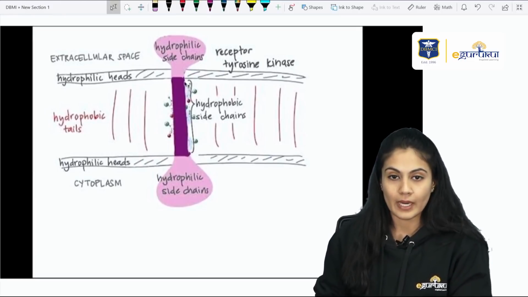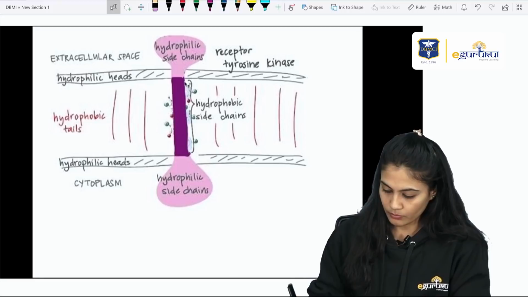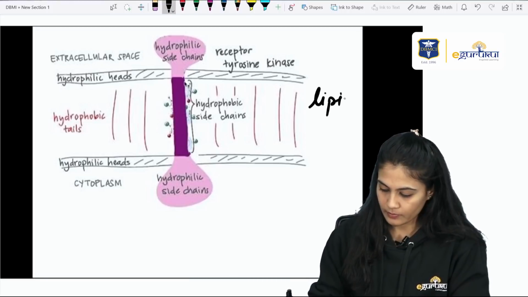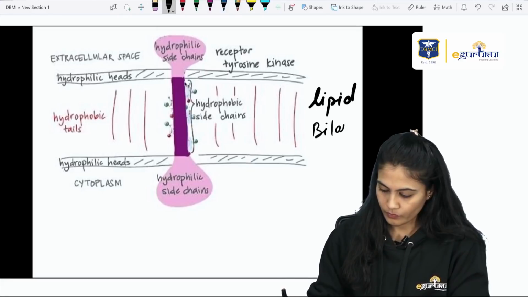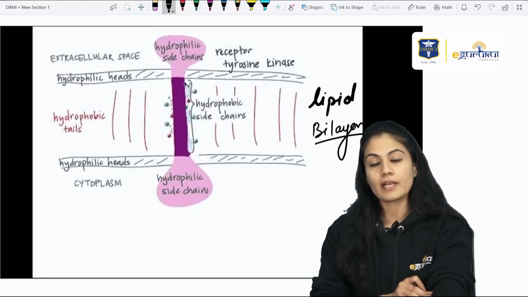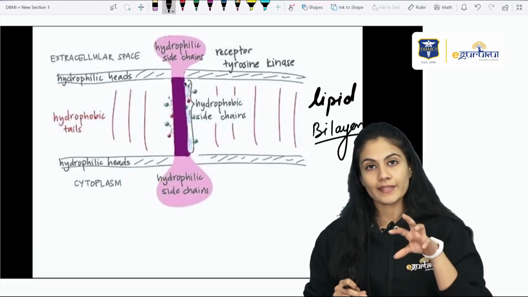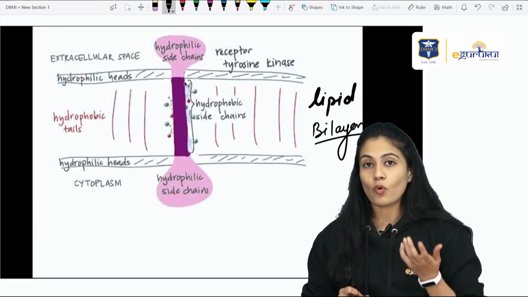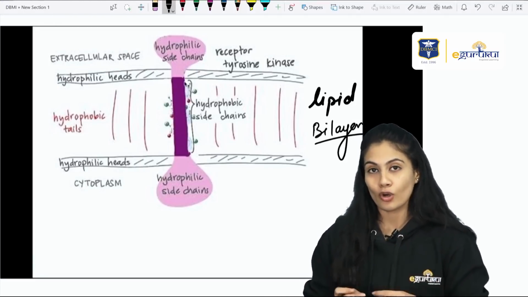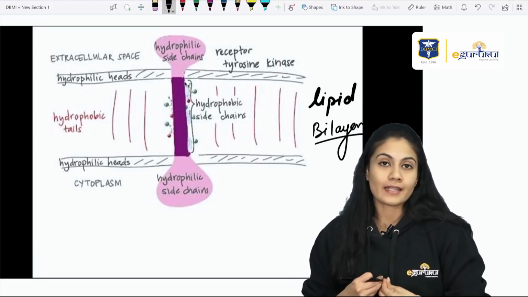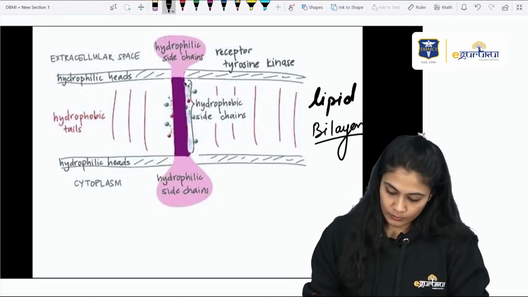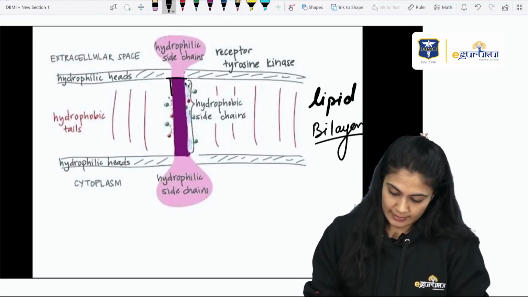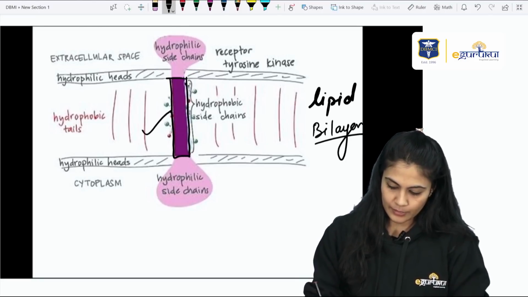We have a lipid bilayer membrane, right? And since it is lipid, water soluble molecules cannot be integrated inside the lipid bilayer. So the protein part which is embedded into the lipid bilayer is hydrophobic.